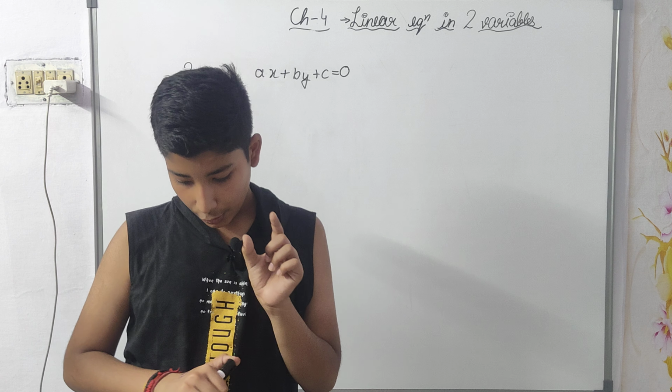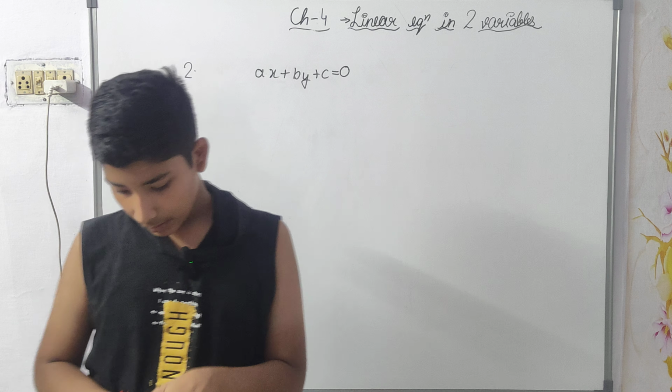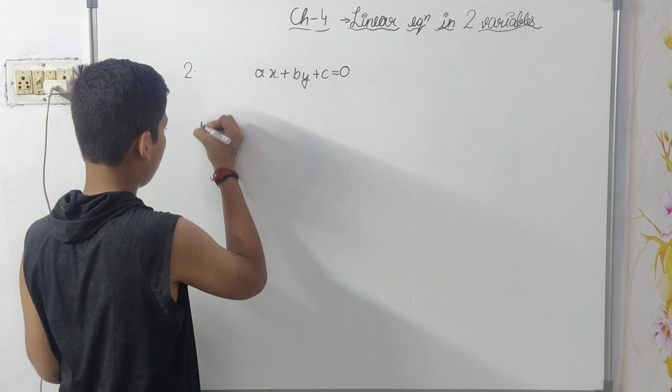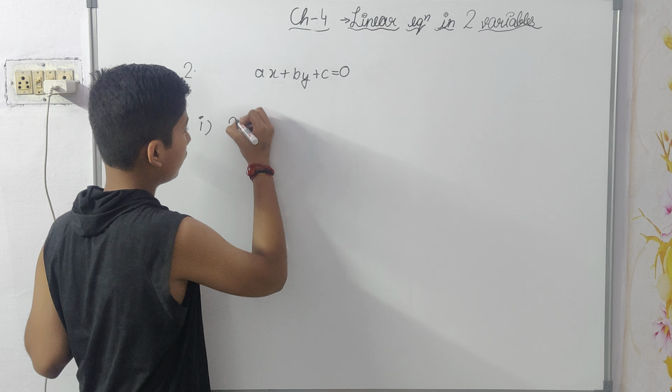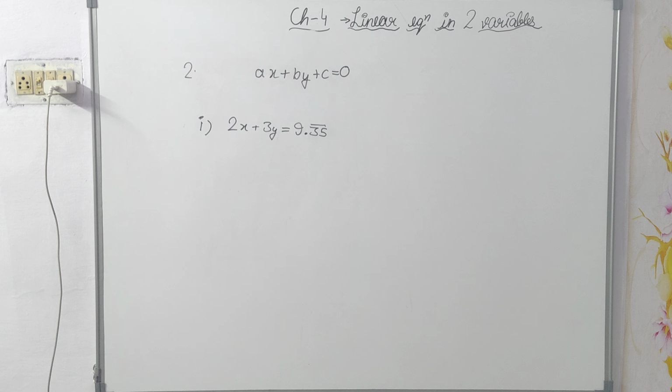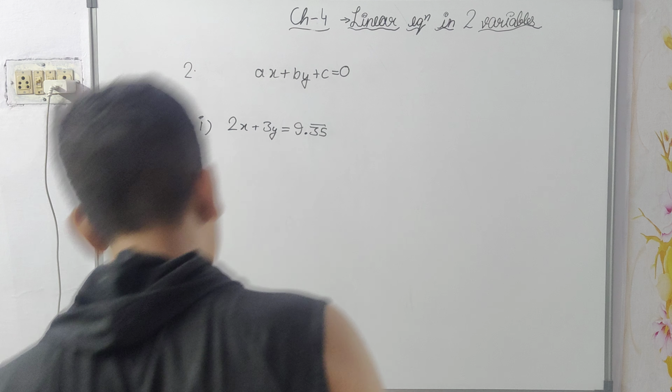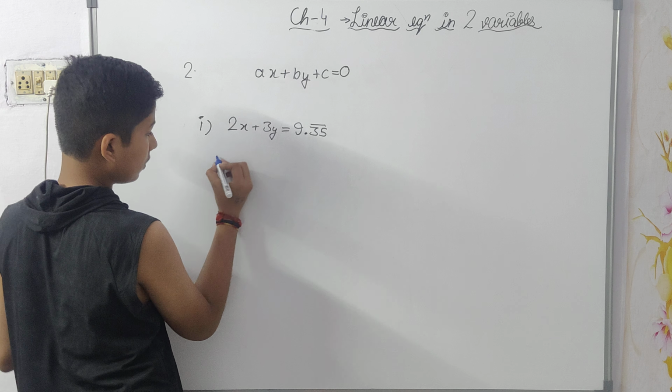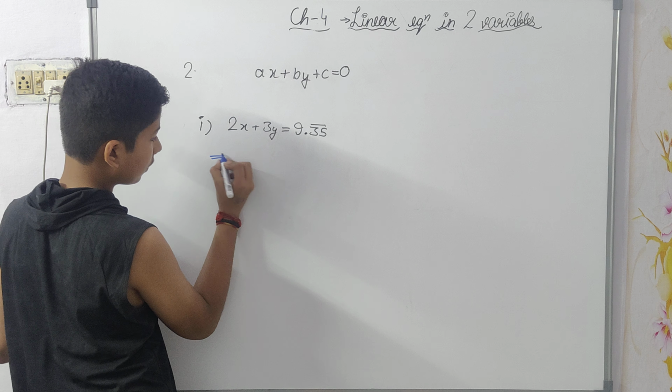Yes, so 2x plus 3y equals 9.35 bar. And let me choose another marker. Here, this is the marker. What's given here? ax plus by plus c. We have to put it in this form equals 0.